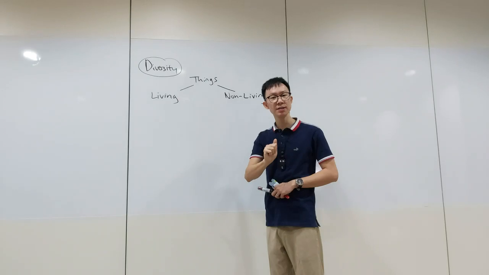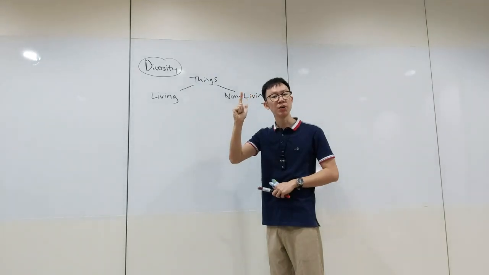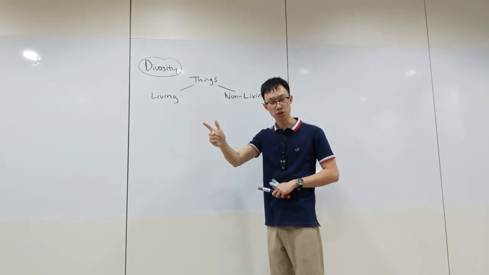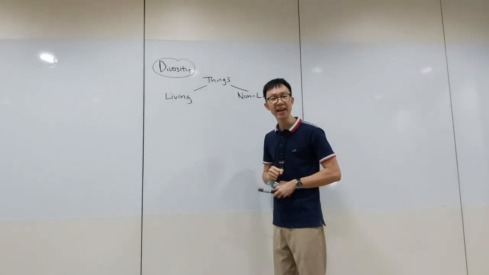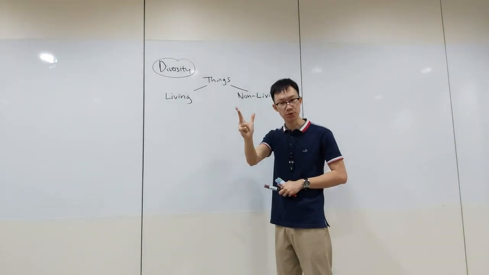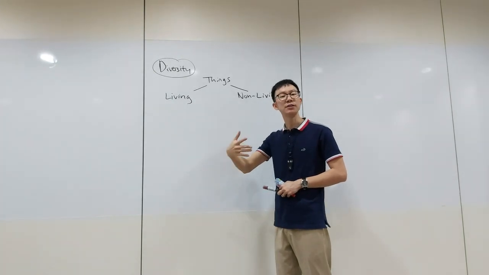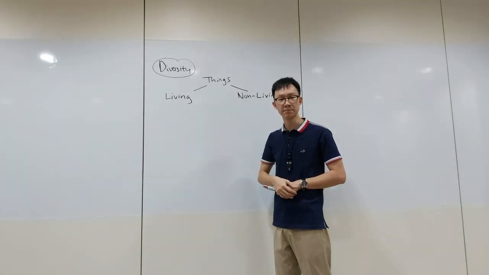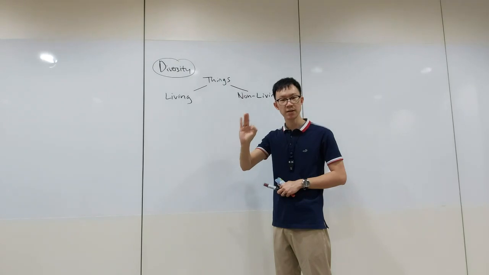How about the 3 things that living things do? Living things grow, they respond to changes, for example, running away from danger, and they reproduce, meaning they have young. They lay eggs or they give birth to live young. So living things need 3 things to survive, and they do 3 things.